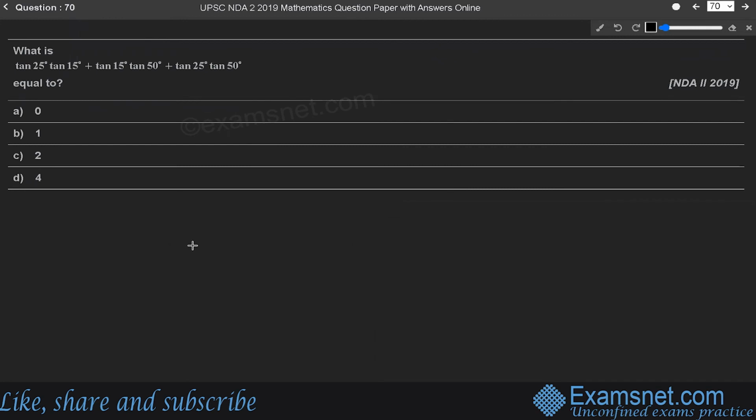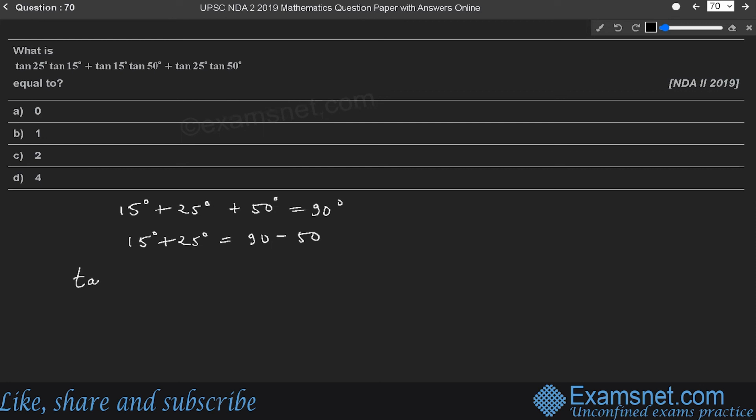Next question is, what is tan 25 into tan 15 degree plus tan 15 degree into tan 50 degree plus tan 25 degree into tan 50 degree equal to? We know that 15 degree plus 25 degree plus 50 degree is equal to 90 degree. Also, 15 degree plus 25 degree is equal to 90 minus 50 degree.